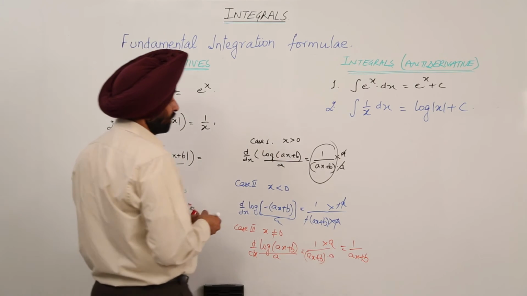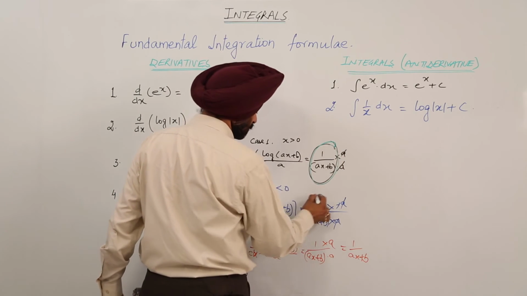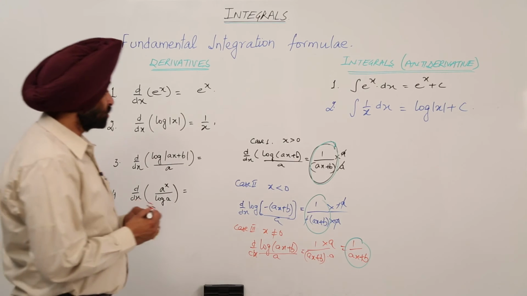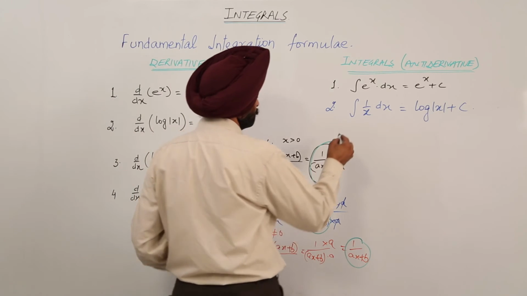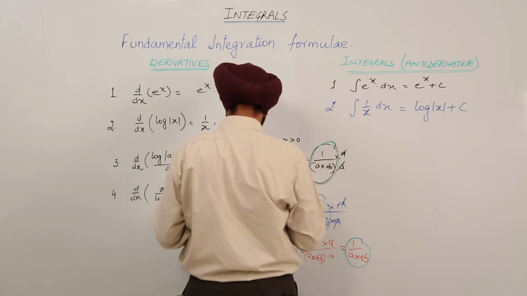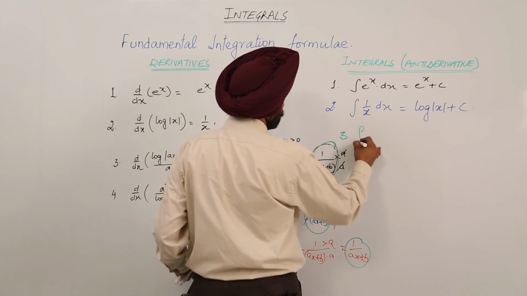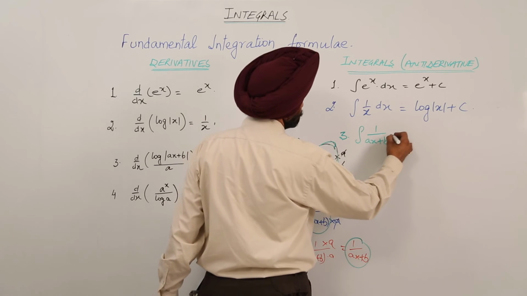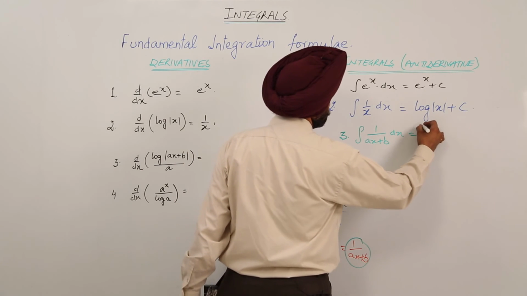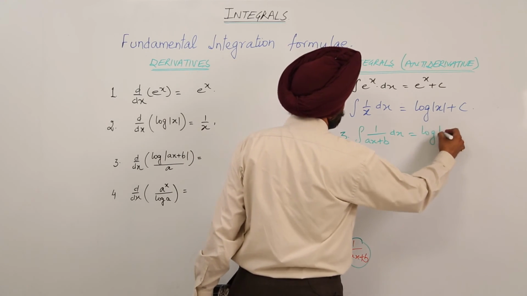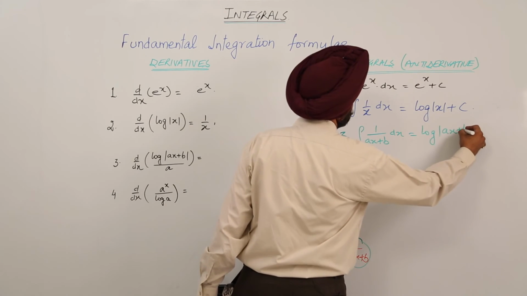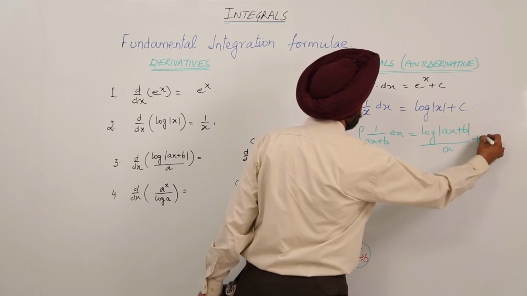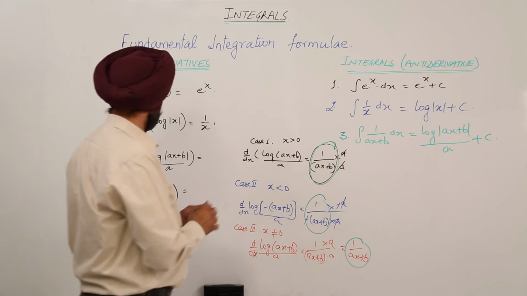We are having 1, 2 and 3, the same result in all. Okay. So we can write it now, number 3. Integration of 1 upon ax plus b dx is equal to log mod of ax plus b upon a plus c.